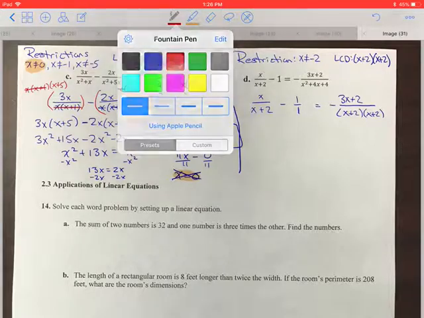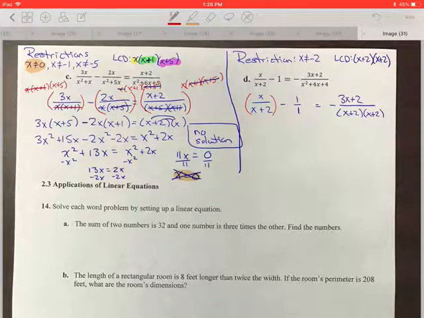All right, so I'm ready to clear fractions. I'm going to multiply each term by x plus 2, x plus 2. And that includes the 1. I can't leave any of my terms out, even though they don't have fractions. So I do this all the way across. All right, so one of my x plus 2's is going to cancel here, and I'm left with an x and the other x plus 2.